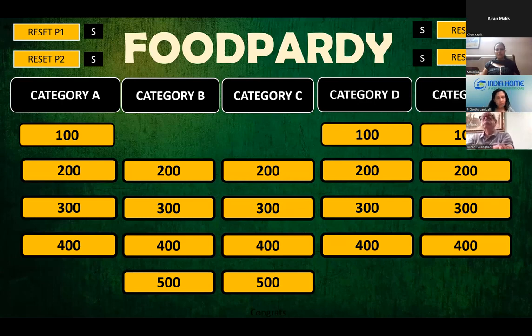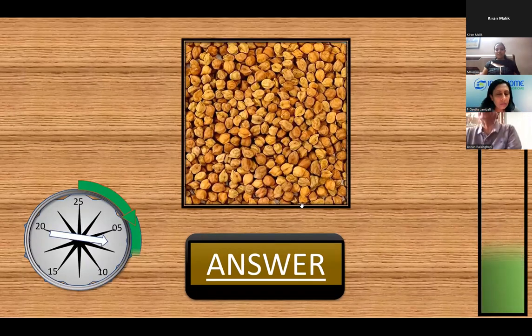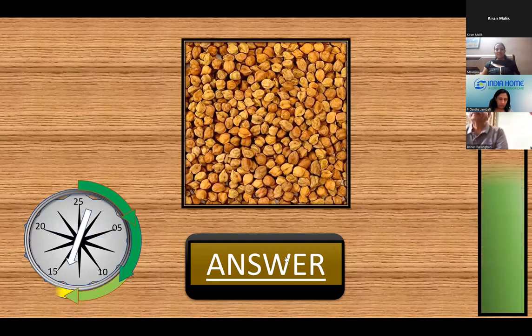Kala chana. Is this black chana? Gram chana? Kabuli chana. It starts with the D, my dear friend. Red chana, lal chana. Chickpeas. Starts with D. Okay, let's see what the answer is.